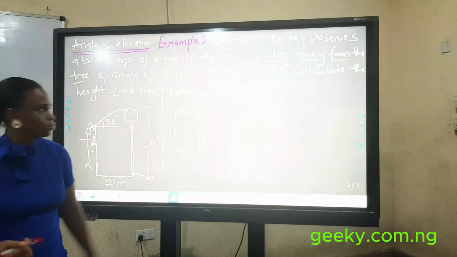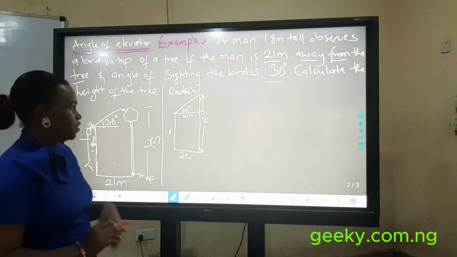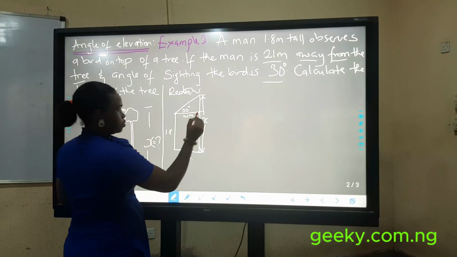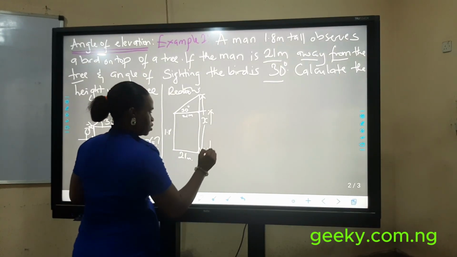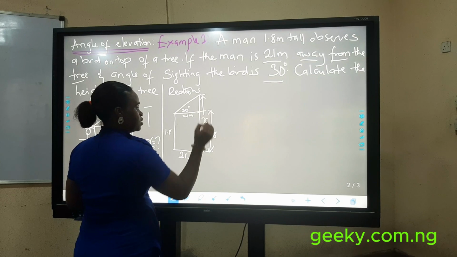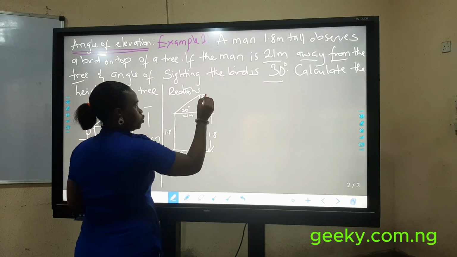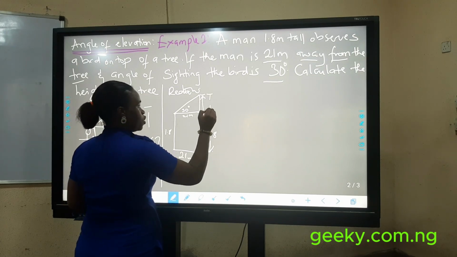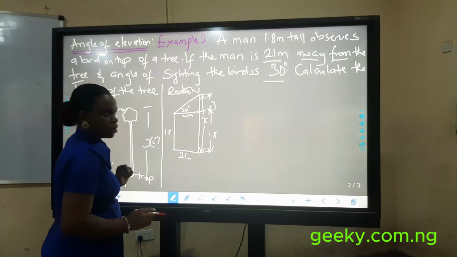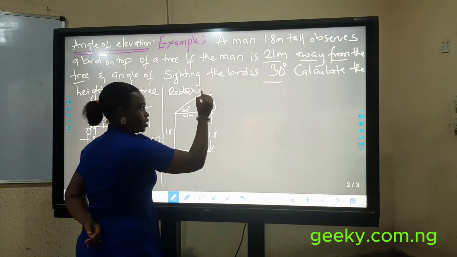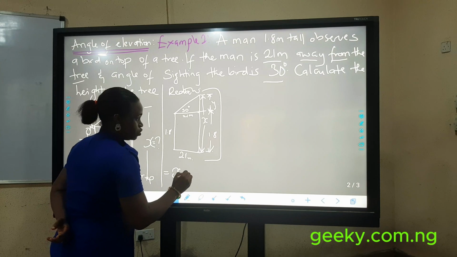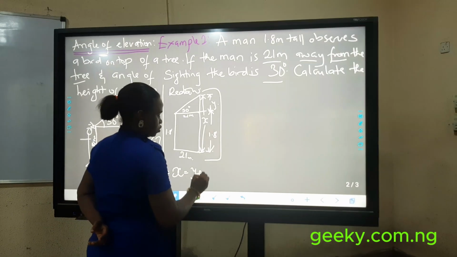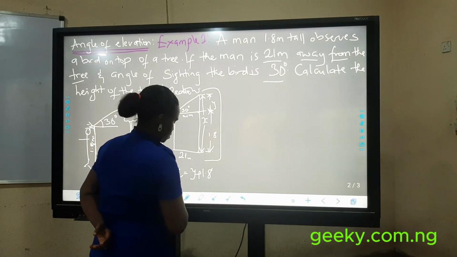What do we do? If here is 1.8, it also means that here too is 1.8. It means from this equation, we do not know what here is. So we call here y. Based on this information here, x is equal to y plus 1.8.